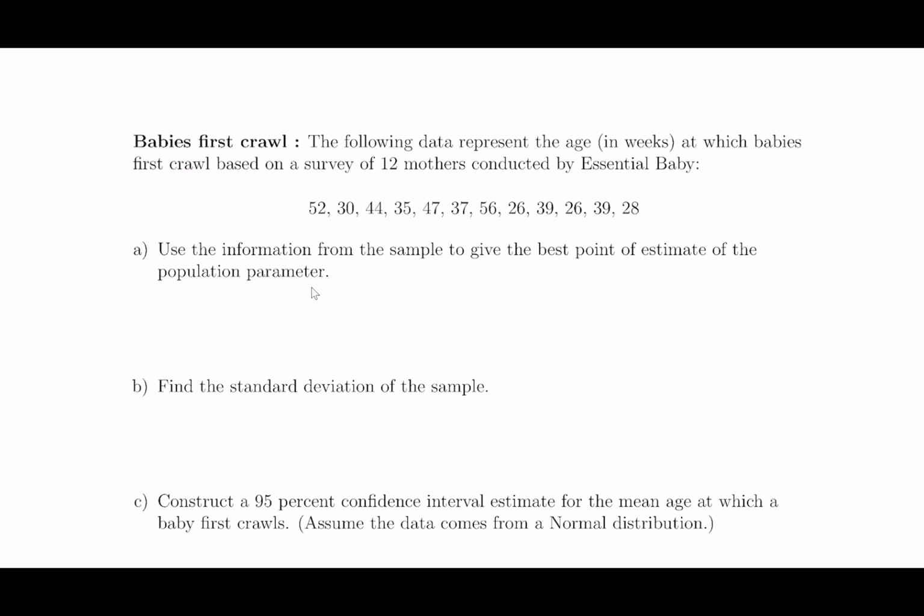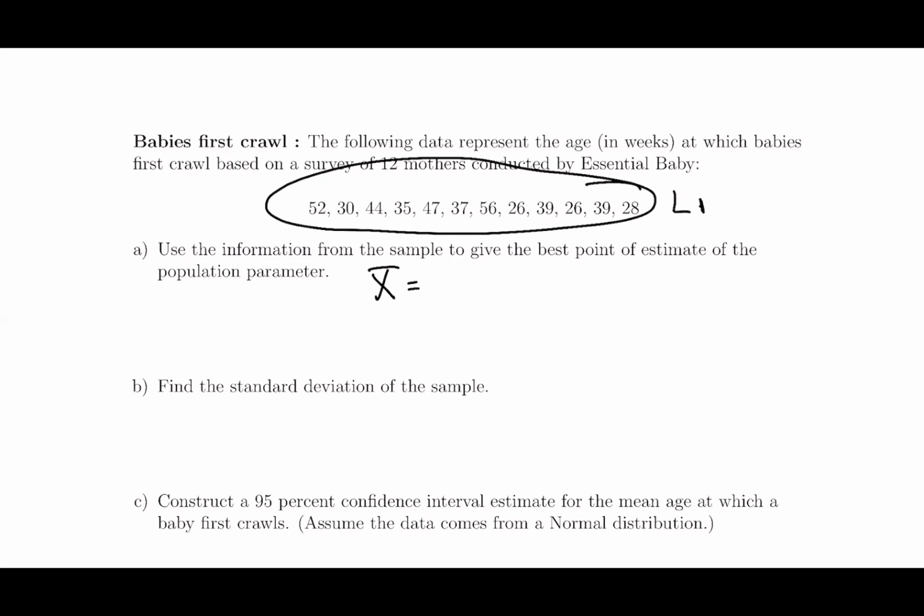For this one, the population parameter is pretty much how many weeks it takes for a baby to first crawl. Since we want to figure out the weeks at which the baby first crawls, the best point estimate will be x bar. So in order to find x bar, you're going to have to enter this into L1.